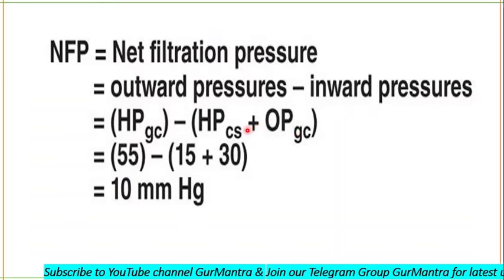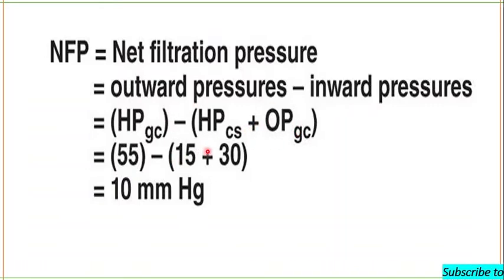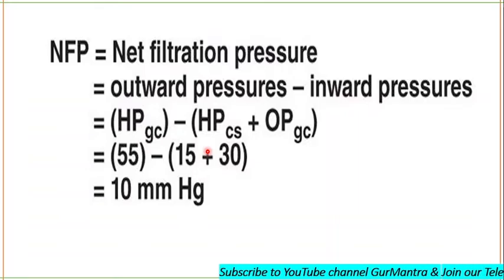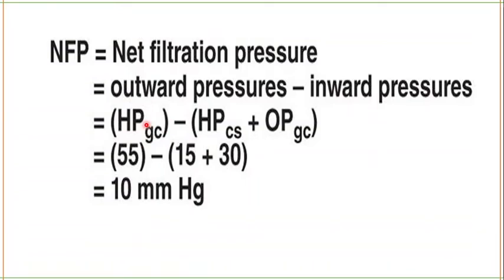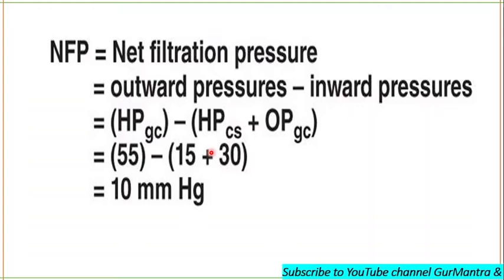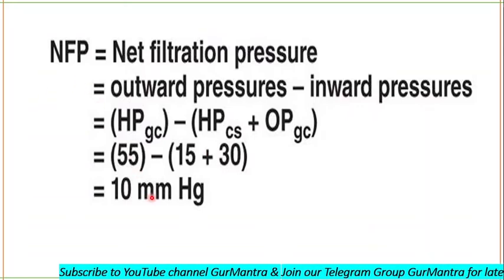Both of these forces oppose the movement, while the glomerular capillary hydrostatic pressure, which is 55, promotes it. Both opposing pressures, 15 and 30, add up to 45, so the net filtration pressure is 10 mmHg.